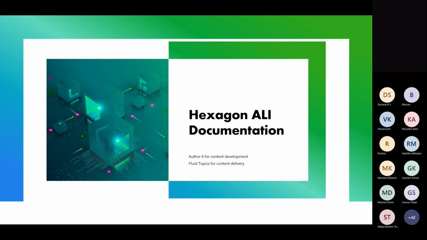Yes, yes. So we have rebranded to Hexagon ALI, which is Asset Lifecycle Intelligence. We started moving to online documentation from 2019. Before that, our documentation was kept very confidential to our customers only, and no one could find our documentation on the web.